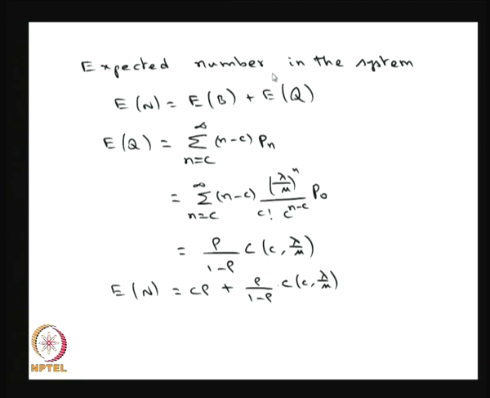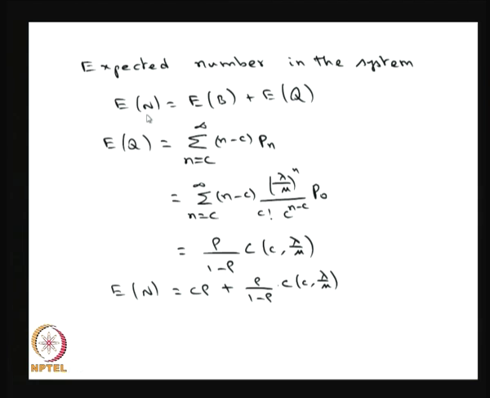Also, we can find out the expected number of customers in the system. That is the expected number of busy servers plus the expected number in the queue. Earlier I used the notation n suffix q, and q are both one and the same. So, I can compute the expectation of q, do a little simplification, then substitute the expectation of q here.